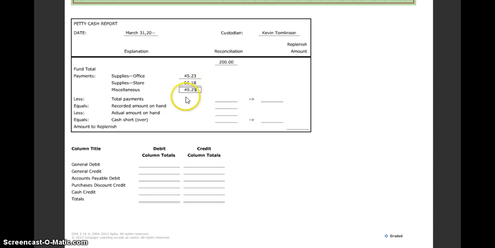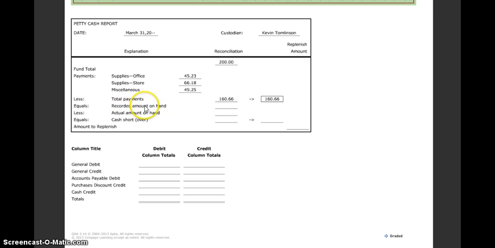We have to add these three items together to find out what our total payments were. When we do that addition, we get $160.66. You see this little arrow here, so we also put that same number, 160.66, there.